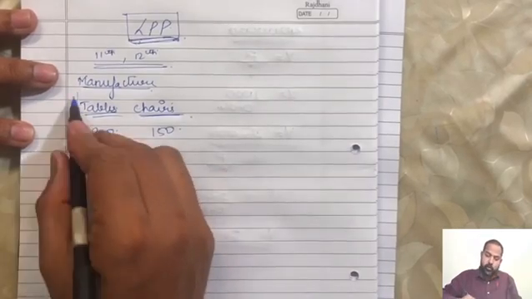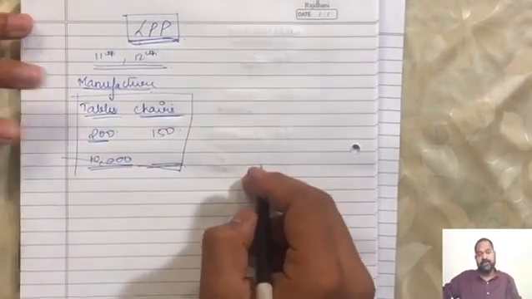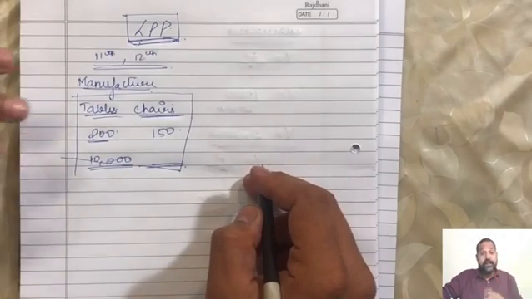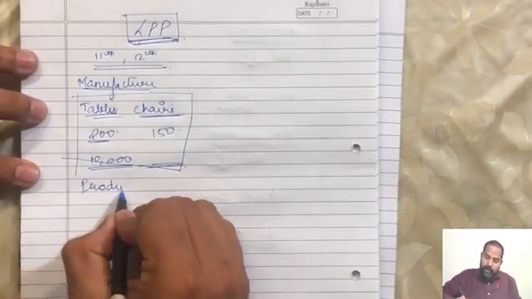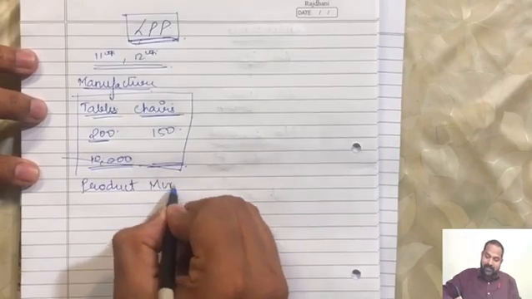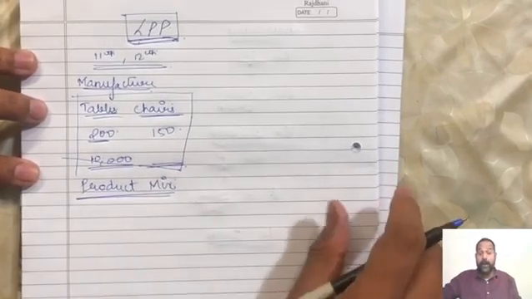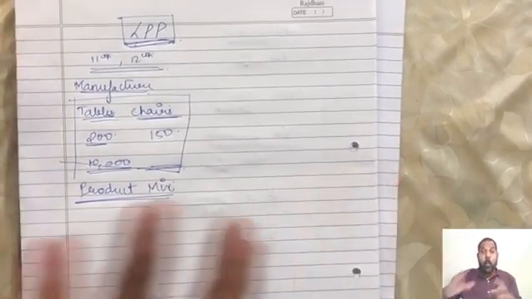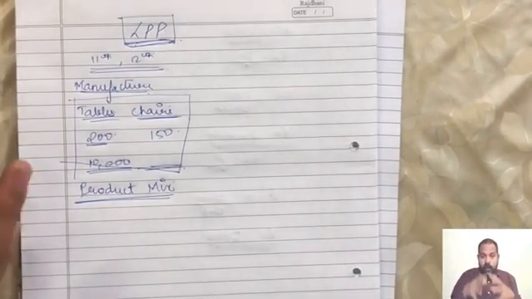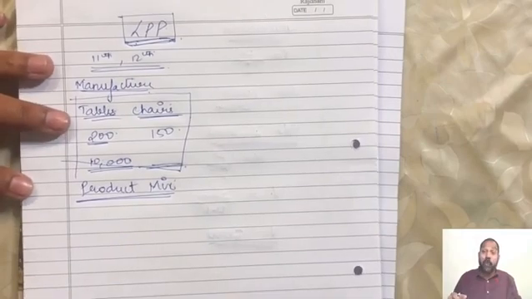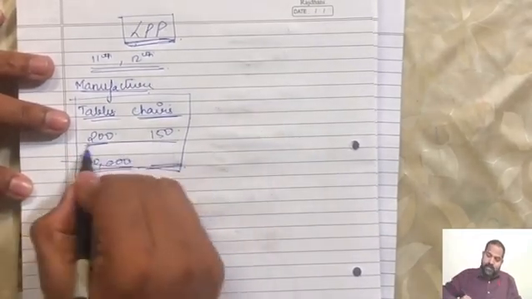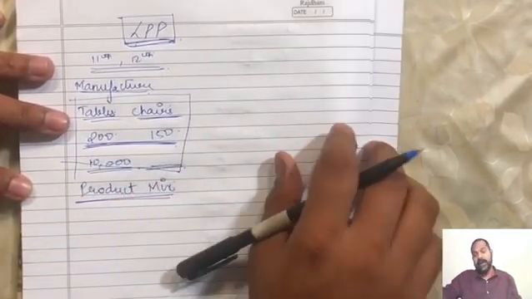So these are your two products, tables and chairs. The question now is, what should be your product mix? What do you mean by product mix? What mix should the number of tables and the number of chairs be so that you get maximum profit out of that mix?